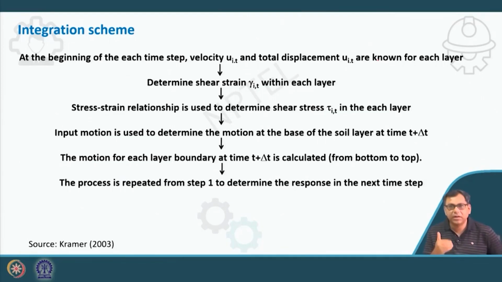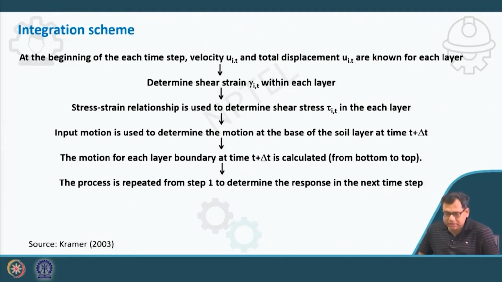I am just giving you the flow chart. At the beginning of each time step, the velocity and the total displacement are known for each layer, as I have discussed. The velocity comes from my rock input motion velocity; from there I can calculate the velocity for the other layers also.